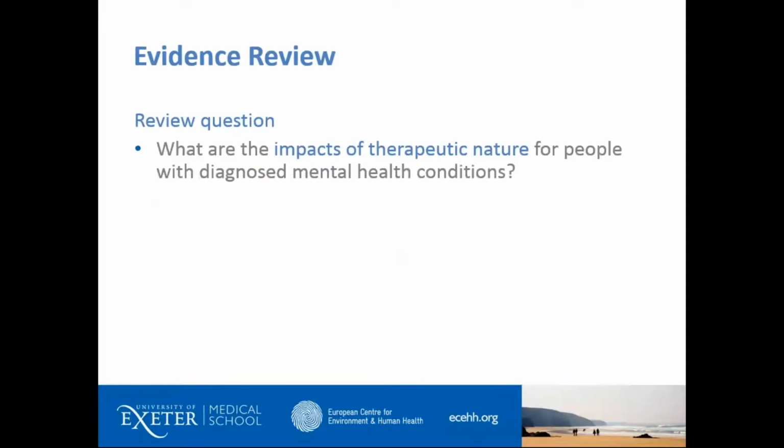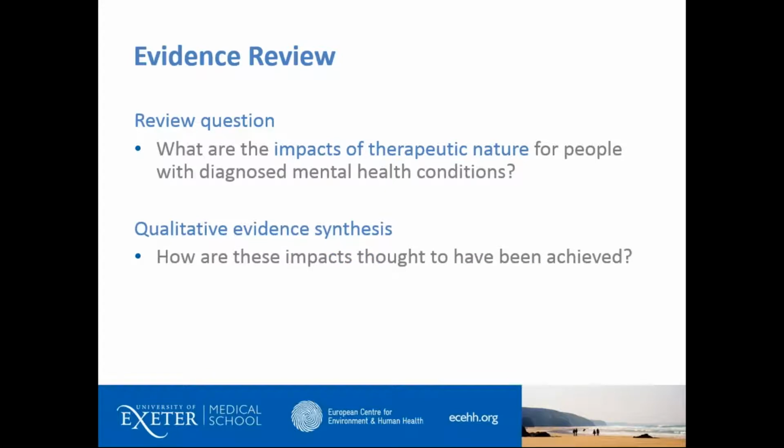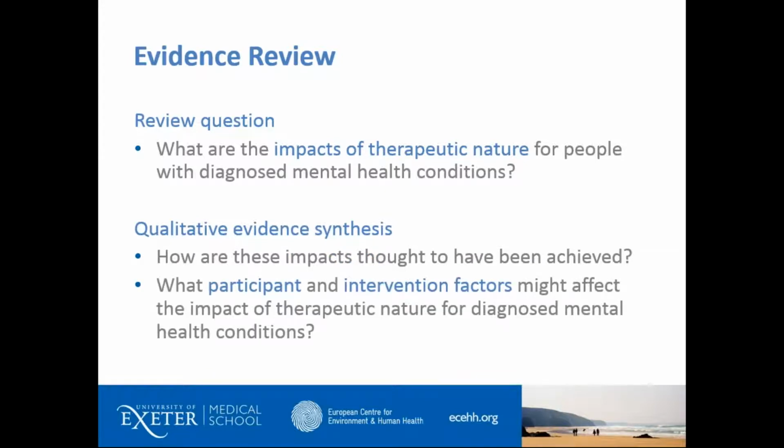Just to quickly show you the review question: what are the impacts of therapeutic nature for people with diagnosed mental health conditions? And then the qualitative evidence synthesis had the how question: how are these impacts thought to have been achieved, and what participant and intervention factors might affect the impact?